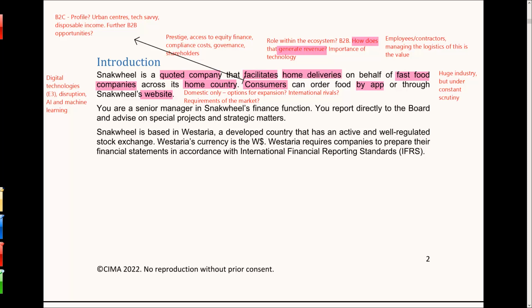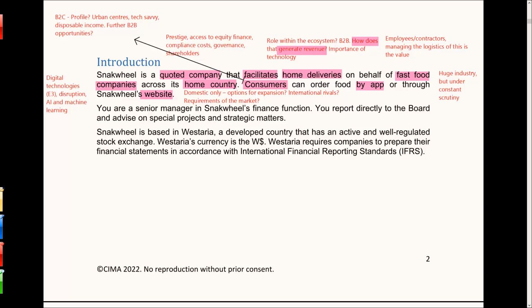Key E3 content. Obviously, the new technology can be considered disruptive, so that's going to be a key feature in this industry, as well as such things as AI, artificial intelligence, and machine learning, the extent to which that can be applied in these apps and in the software to deliver a better service to the end consumers, looking at their activity and their history, the kind of restaurants they tend to shop at, what time they tend to shop at, all that kind of stuff.